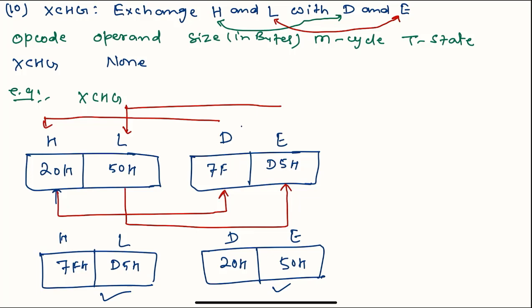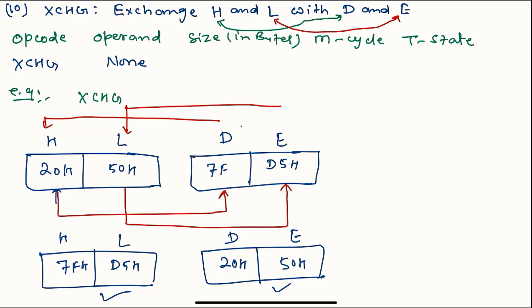Both the HL and DE register pairs are available inside the processor. How is this happening? It is happening with the use of a third register pair, the temporary register pair called W and Z. In the register organization of the 8085, you might have seen these two temporary registers, W and Z, which are used internally for the execution of this instruction. The WZ register pair is not available to the programmer or user.